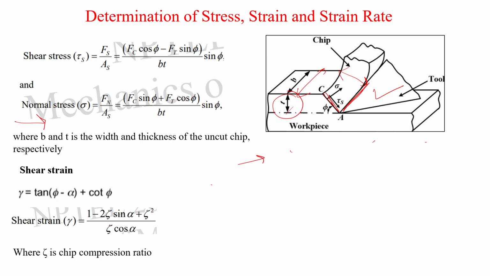Now one thing more is there, which is the shear strain rate. When shear stress is generating in the shear plane, shear strain is generating. So there is a rate at which the shear strain grows, or is getting generated. That rate is called the shear strain rate, which has this formula.